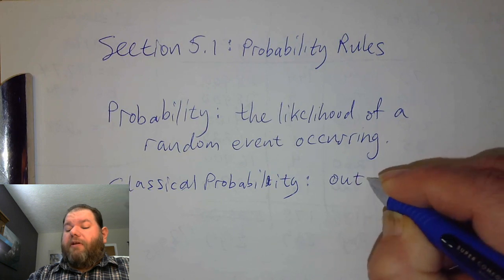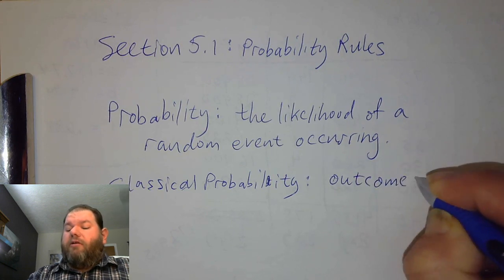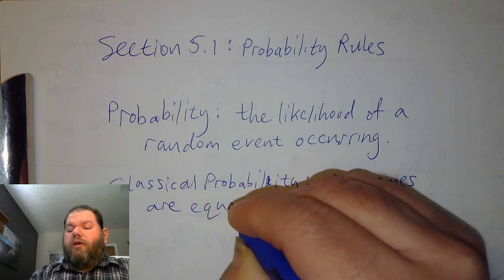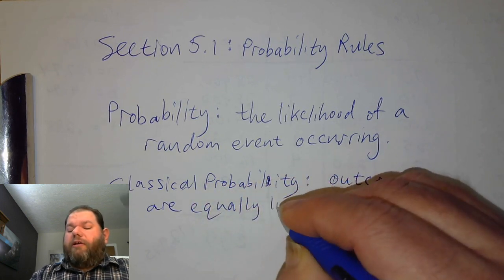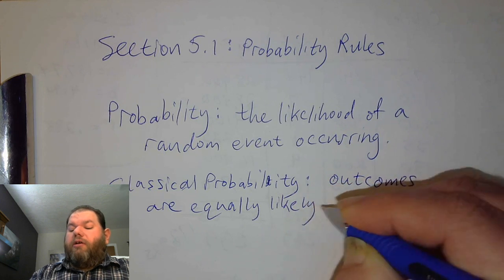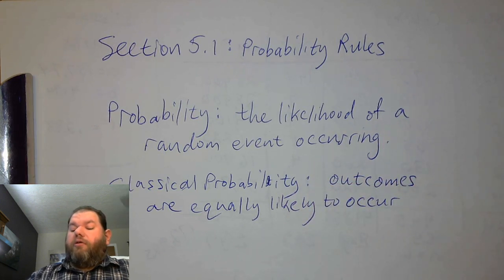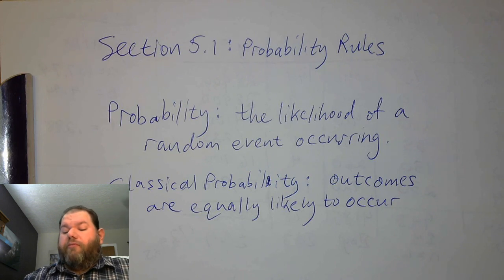That's probably the best way of saying it. Outcomes are equally likely to occur, well, not regardless of outside influences, but under normal circumstances, I guess.